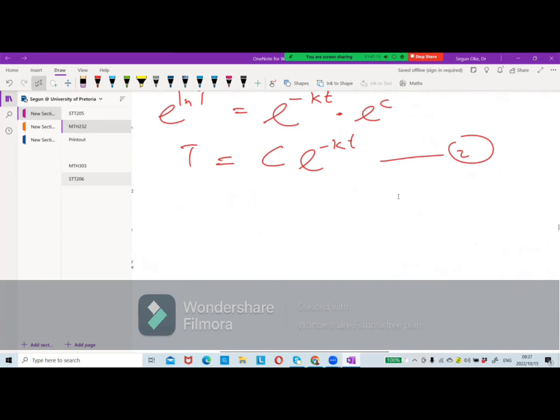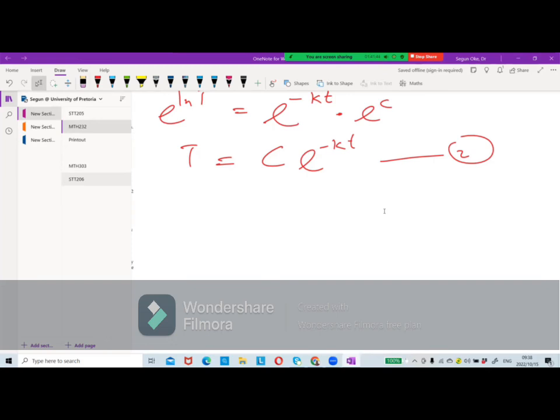They said a metal bar at a temperature of 100 Fahrenheit is placed in a room at a constant temperature of 0 degrees Fahrenheit. At that point, small t is equal to 0. You remember?